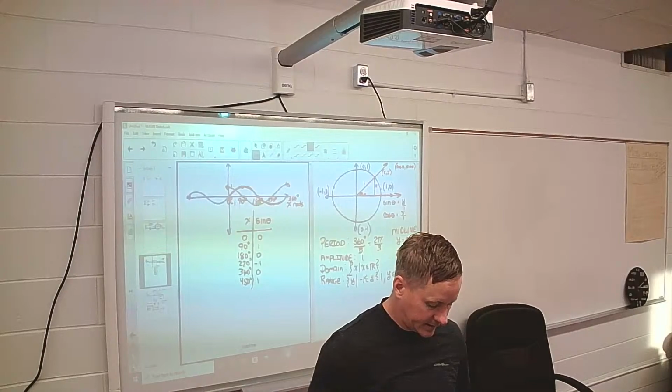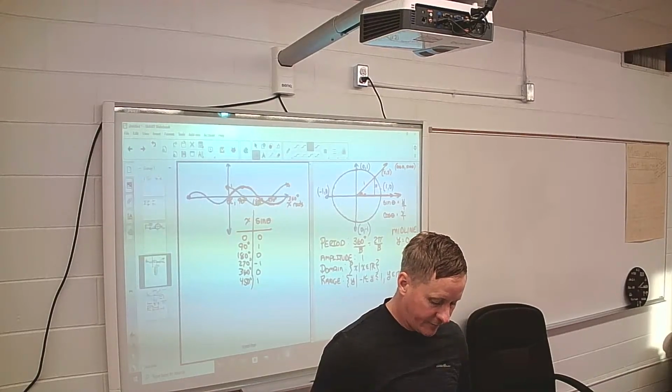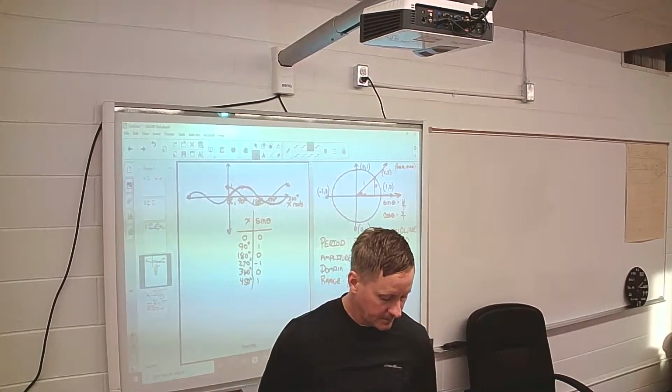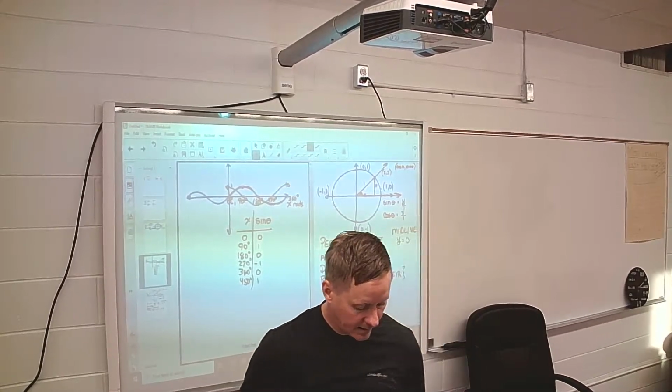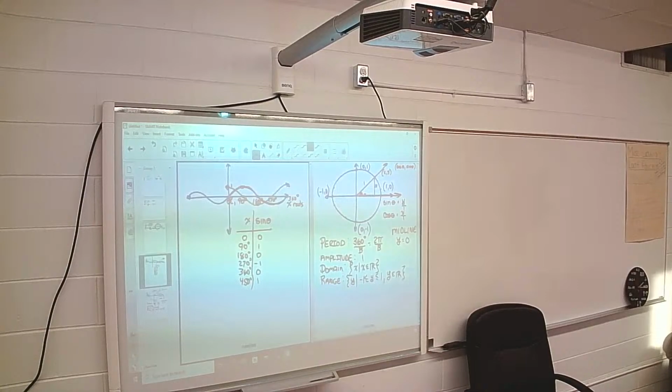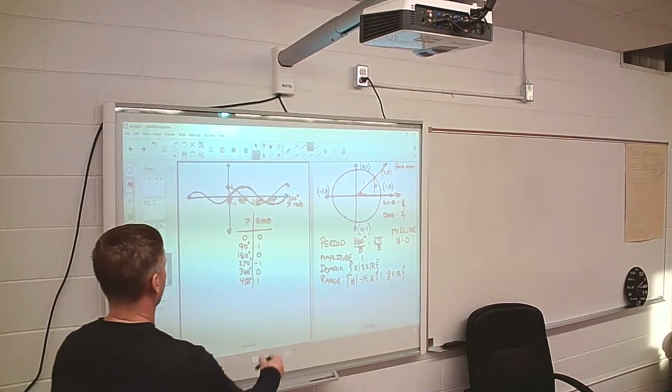Emily says this is a graph of y equals sine x. Is she correct? Is that y equals sine x? For the cosine graph, what are all the points? The x values are the same.